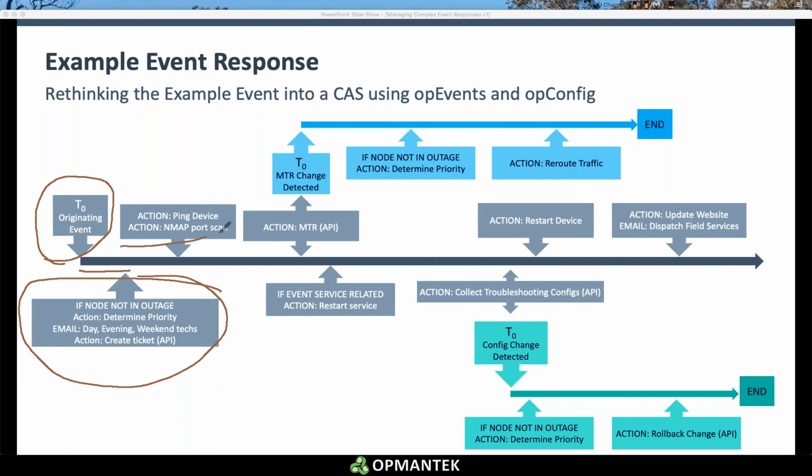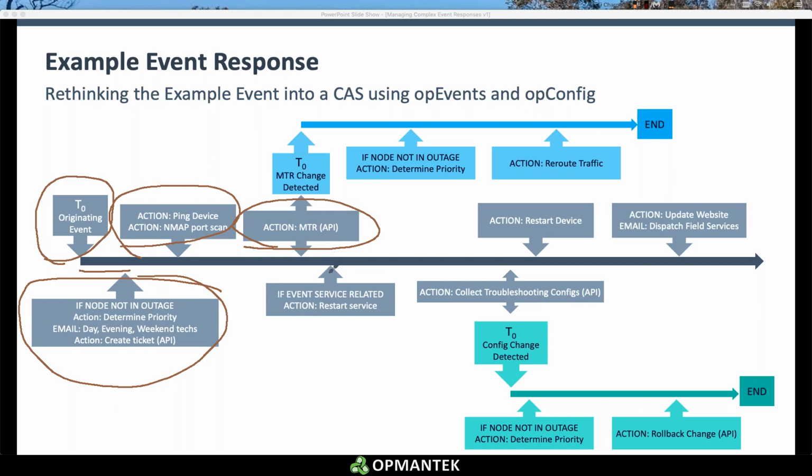And then there are some troubleshooting commands that are run. The system actually pings the device and runs an Nmap port scan, gathers information, and connects that to the ticket. The next thing it does is run a fast MTR.